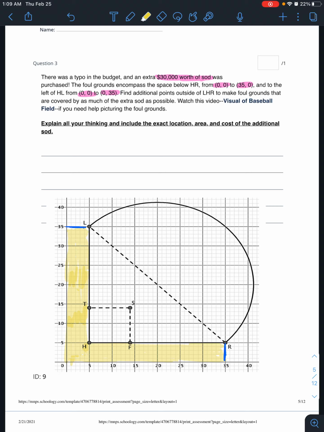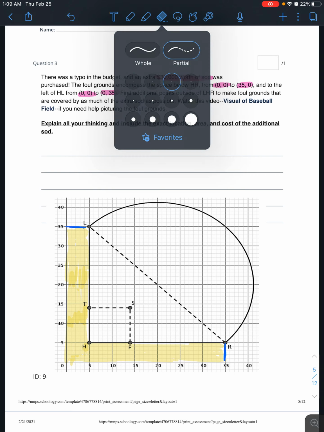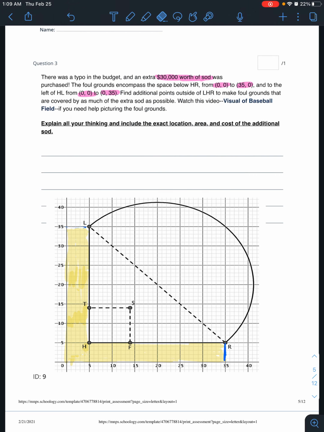So what you're in charge of doing is we're going to remove this theoretical blue line, and you're just going to keep extending it. So maybe you might want to fill up this whole square. Maybe you might want to fill up half of it. Wherever you end up filling it, I want you to do the math and see how close you can get to 30,000.